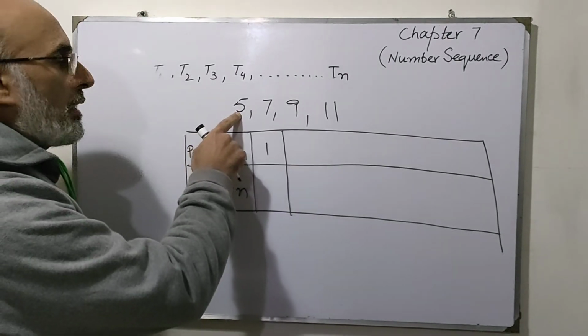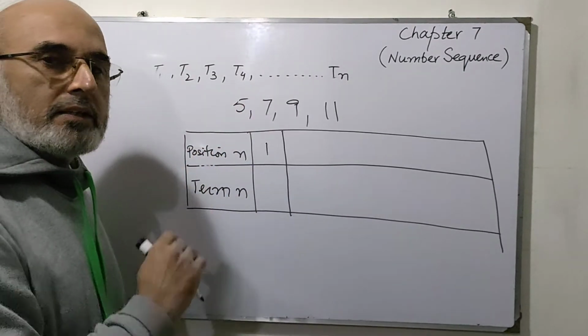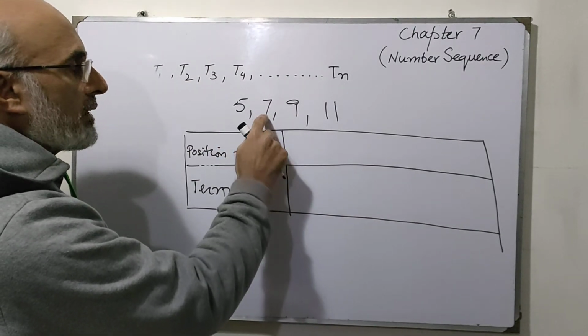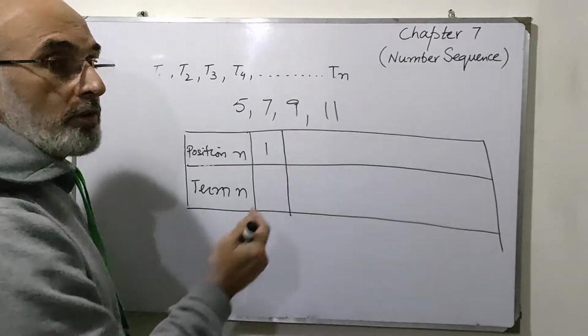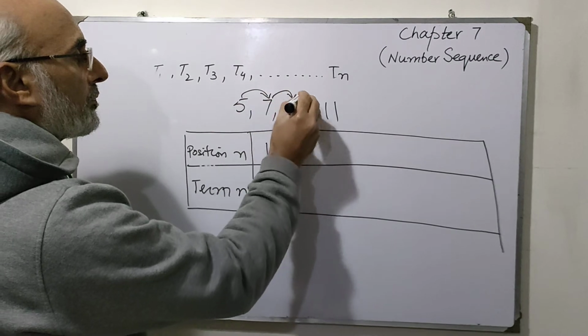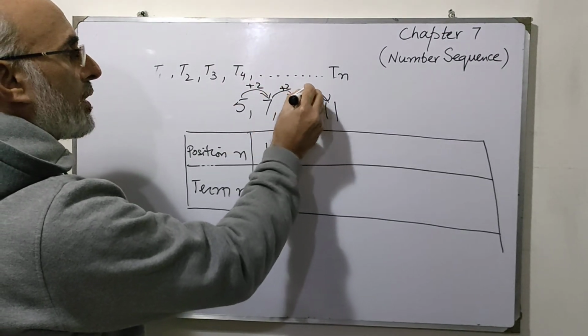So looking at term number 1 and term number 2, we can clearly see that there is a difference of 2. From term 2 to term 3, there is a difference of 2 again. From term 3 to term 4, difference of 2. So every time we move on, there is a difference of plus 2, plus 2, plus 2.